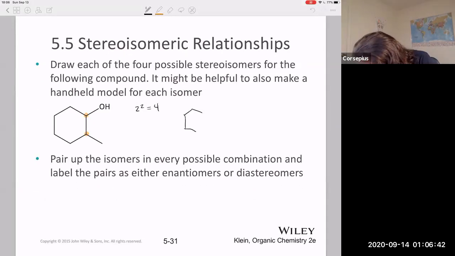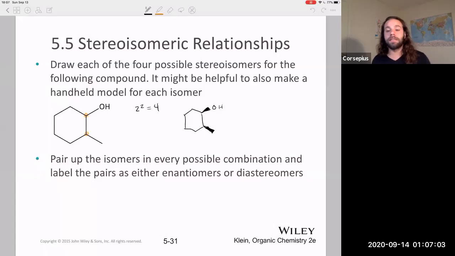That's what we're going to work on here. The first thing, let's just focus on drawing one and then we'll talk about how you get all of them, is to convert these lines into either wedges or dashes. Just by doing so, you've created a specific stereoisomer.